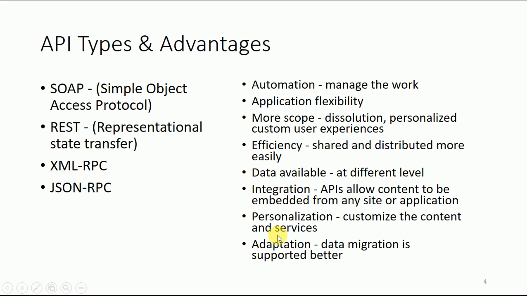Understand what types of APIs are used in practice in the industry, and what their benefits are. There are four types of APIs. One is SOAP, that is Simple Object Access Protocol, and REST, and XML-RPC, and JSON-RPC.